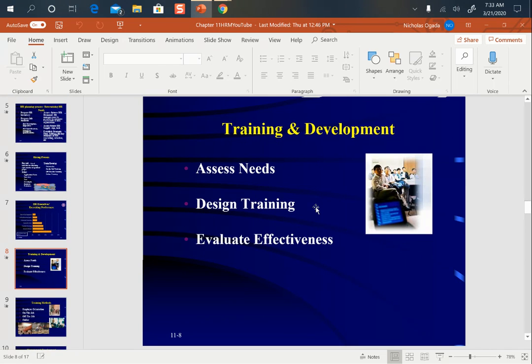The other HR process is training and development. Apart from just the orientation process, where they welcome you on board, there are also other ways of training employees. Of course, if you've been hired as a new employee, you want to be equipped with the skills and knowledge that you require to perform a particular task.